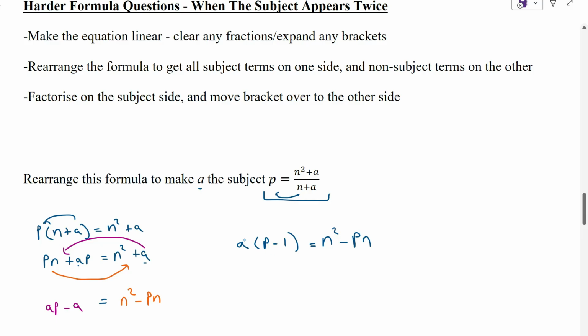Now you can see we've got A on its own, just as a single term. Let's get rid of this bracket here. Let's take that over. So A therefore equals n squared minus Pn all over P minus 1.